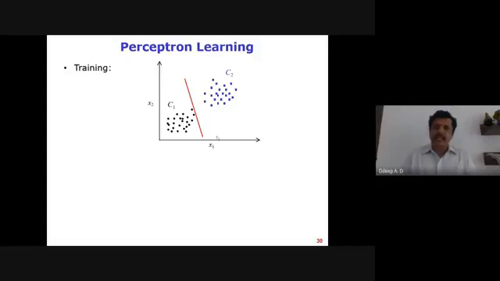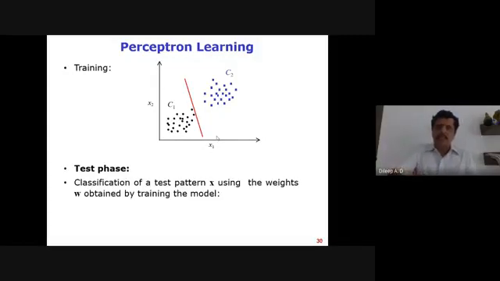Basically, in perceptron learning, I update the weight vector in each iteration such that I'm pushing the line towards minimizing the error, that means towards the region of separation of the two classes. Now the w vector associated with this hyperplane is the one learned from the data. During the test case, given the test pattern x, I find the discriminant function w transpose x plus w naught.